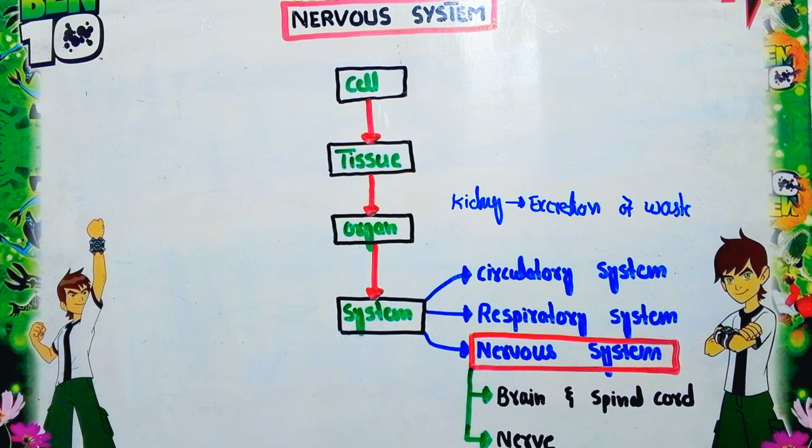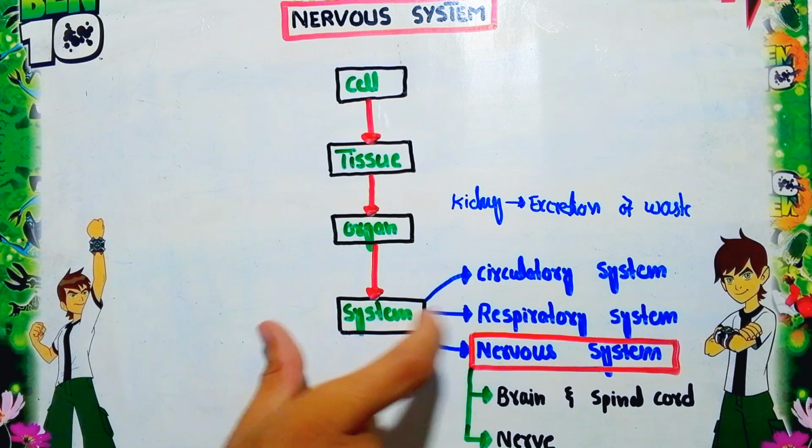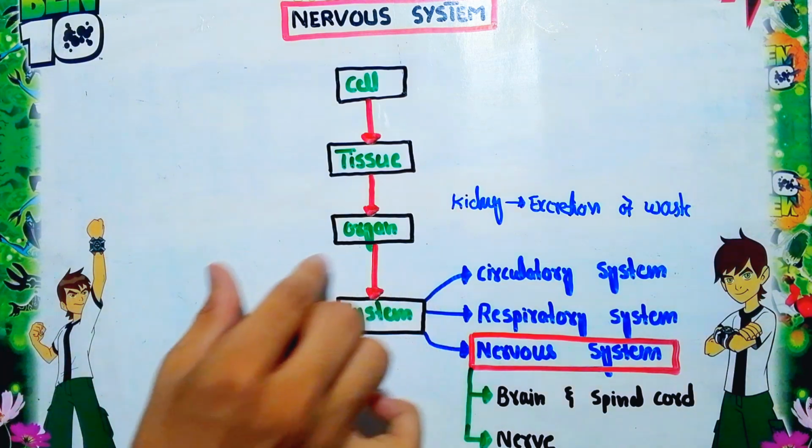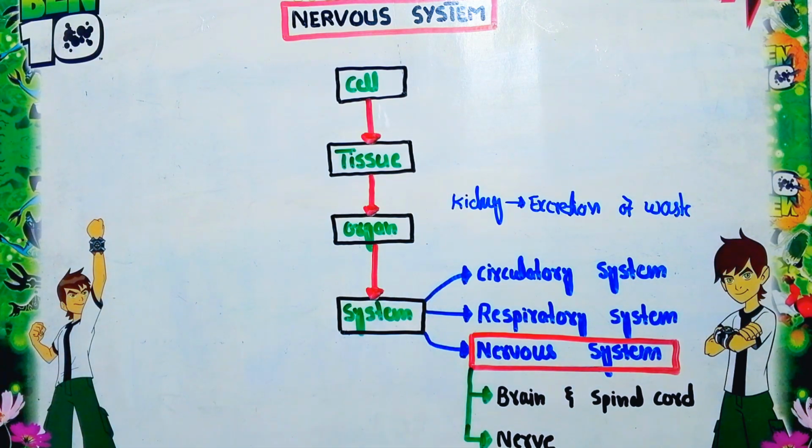Now we will apply the definition of a system to the nervous system. Mainly a system contains a group of organs. So here the brain and spinal cord are the organs. Along with these organs, there are some structures that carry messages towards or away from these organs, and these are called nerves.